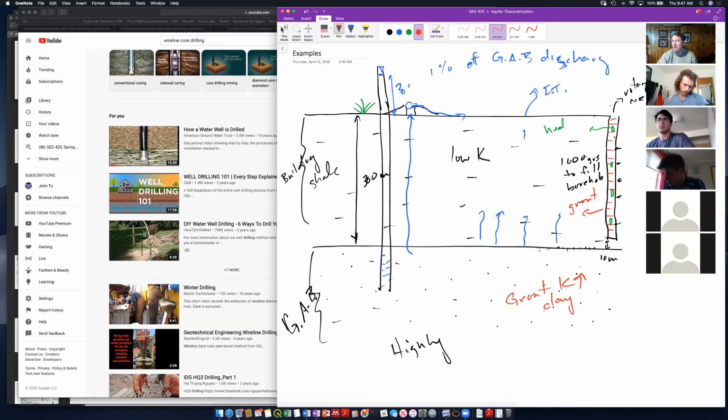And now, instead of having to fill the whole open annulus of this borehole, I've only got to fill the porosity. And in fact, the porosity of the grout is already full of water. So I only have to pressurize the water. So we brought our response time from 1,000 years to about 1 month.